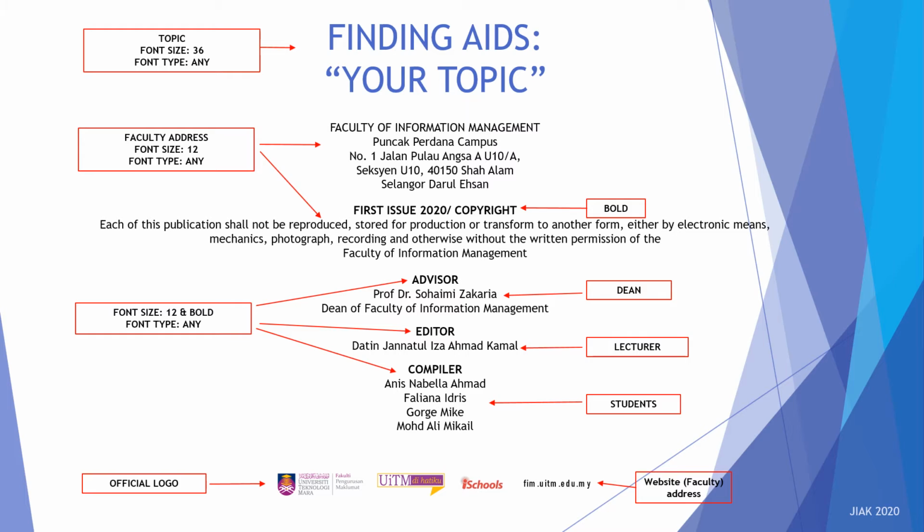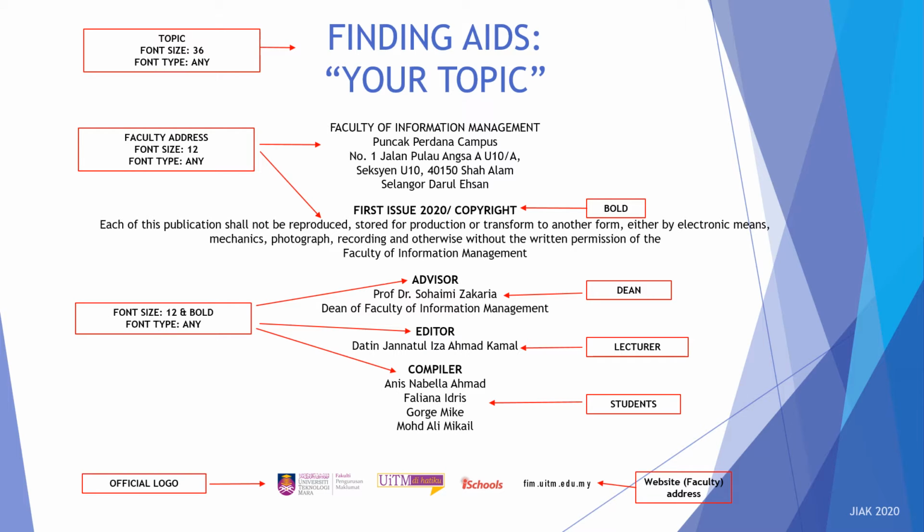Here is the first page after the cover page of your Finding Aids book. The first one will be your topic. As I mentioned, for the current semester you have to choose any archive that is related to our Sultanate in Malaysia.